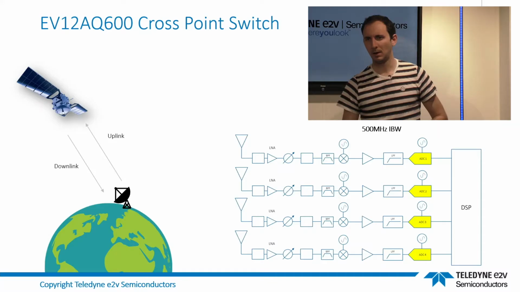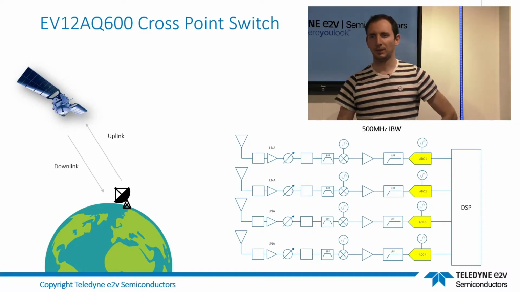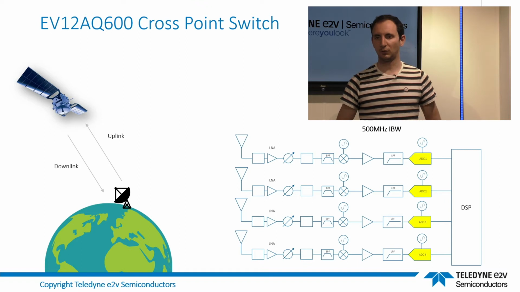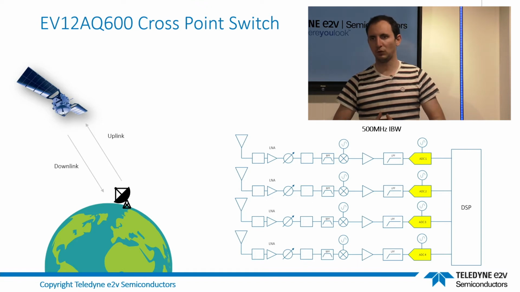So now, let's assume that you have a new payload to design with a 500 MHz bandwidth requirement that performs digital beamforming. In digital beamforming applications, there's often many channels, and so you might want to have as many channels as you can in the same chip to reduce the overall system size.